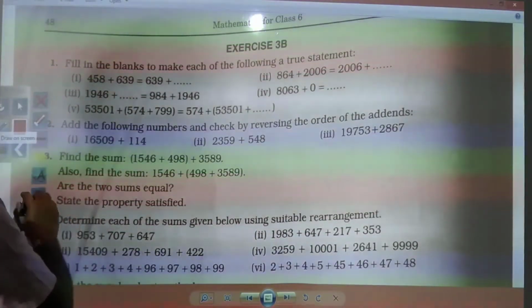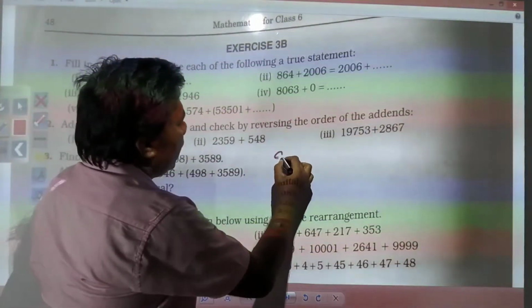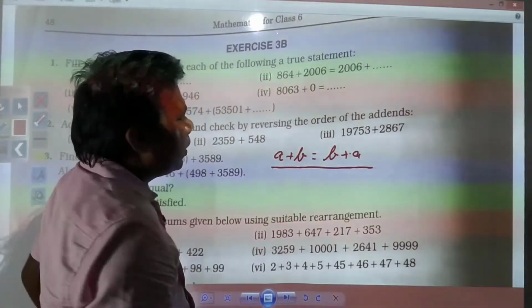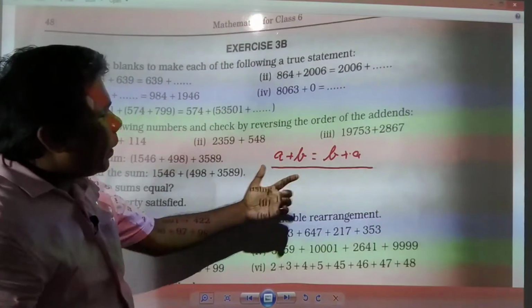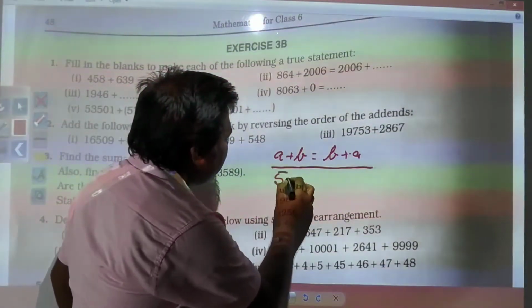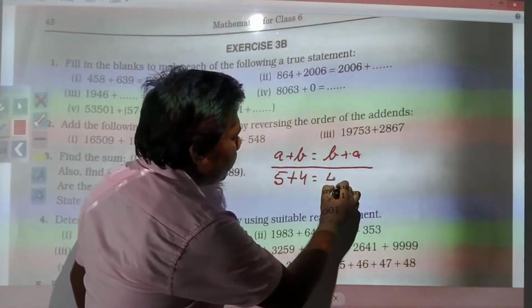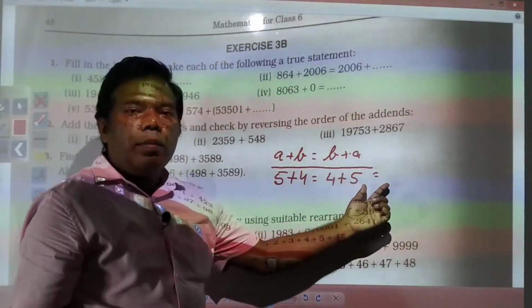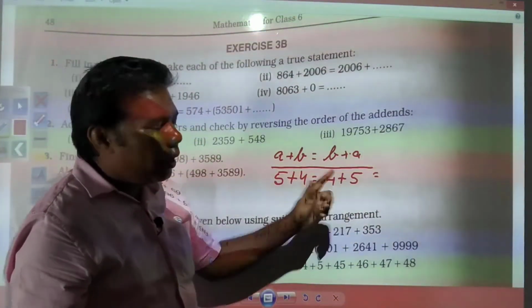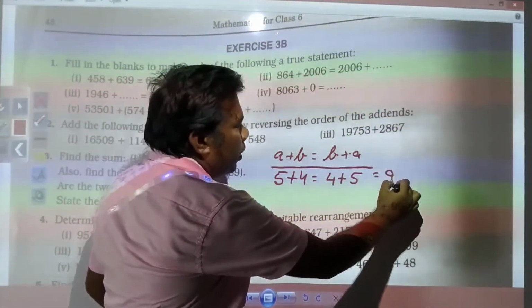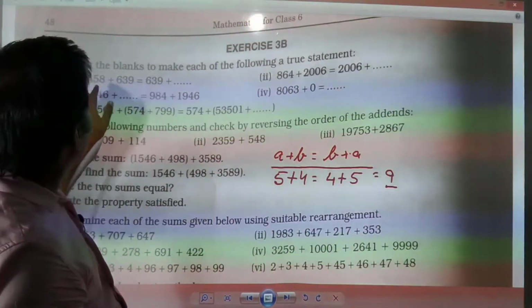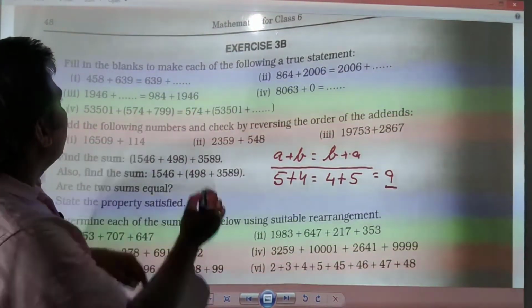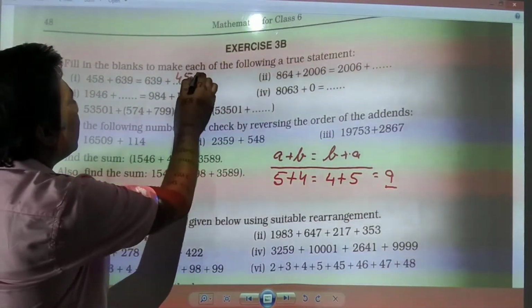As you remember, last day we had seen a plus b is equal to b plus a, the commutative property, one of the properties of addition. If you have any numbers, suppose 5 plus 4, it can be written as 4 plus 5, since adding 5 and 4 gives the same number as adding 4 and 5. The sum will be 9. In the same way here, 458 plus 639 is equal to 639 plus 458.